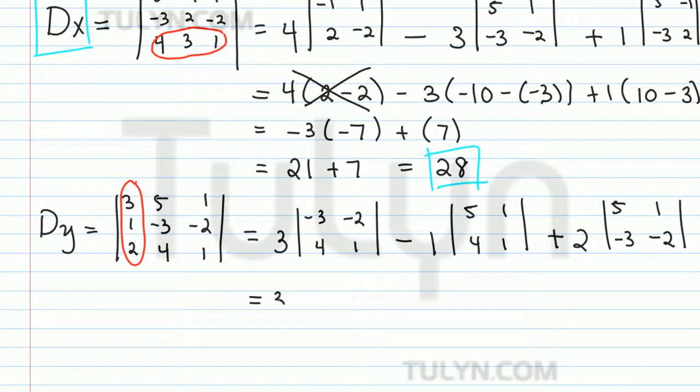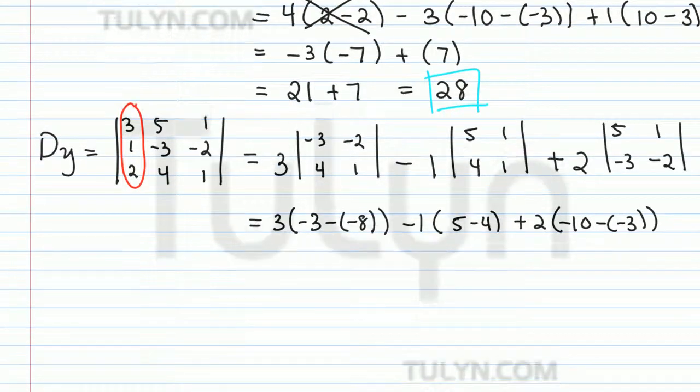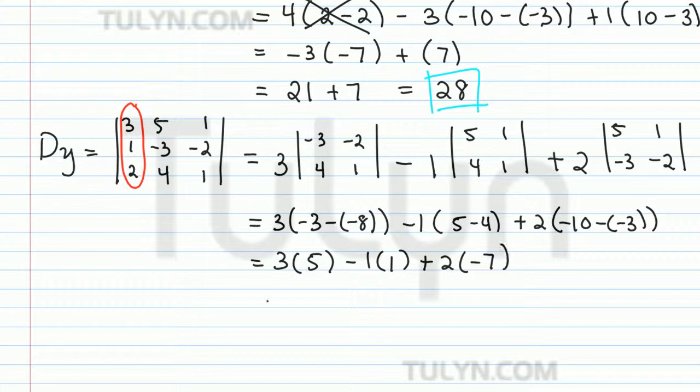So let's simplify. This becomes 3 times negative 3 minus negative 8, minus 1 times 5 minus 4, and then 2 times negative 10 minus negative 3. So this becomes, in the next line, negative 3 plus 8, that's positive 5, minus 1 times 5 minus 4, which is just 1, and then plus 2 times negative 10 plus 3, which is negative 7.